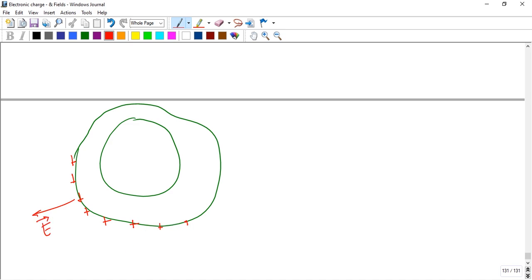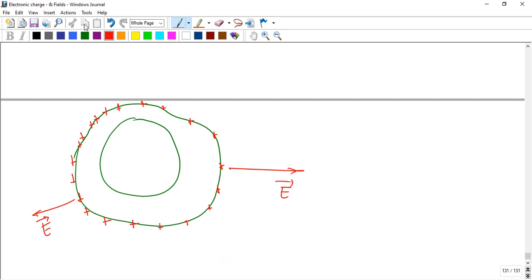So this is the third assumption. We skip the fourth assumption, because if the third is true, then none of the above is false. All the positive charge is distributed on the outer surface of the conductor, so the electric field is in the outward direction.